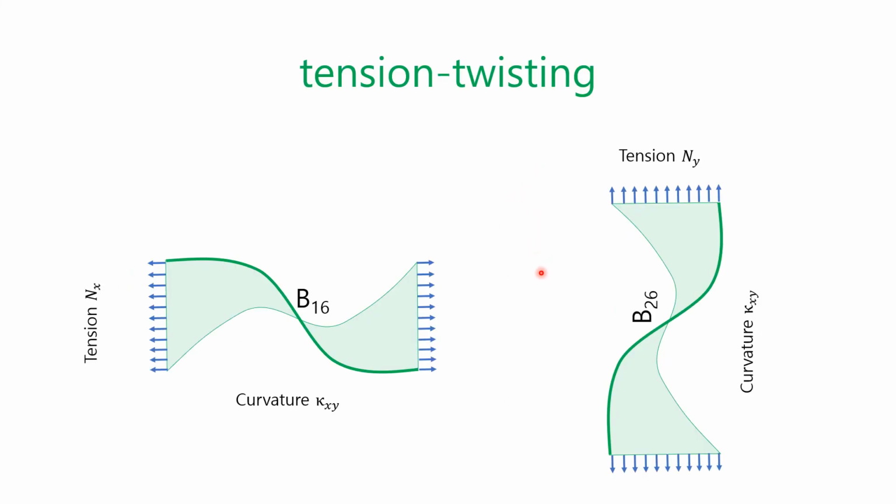As the other example, the curvature kappa xy produces the tension force Nx in proportion to the stiffness element B16, and the curvature kappa xy produces the tension force Ny in proportion to the stiffness element B26.